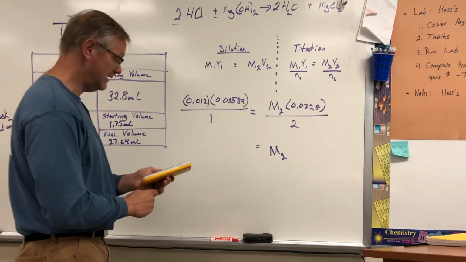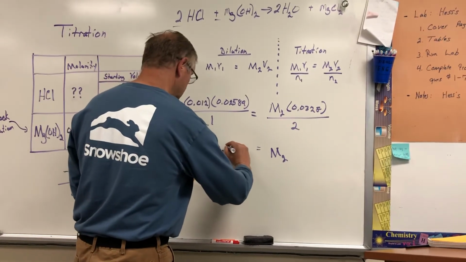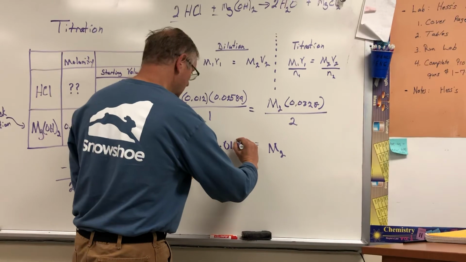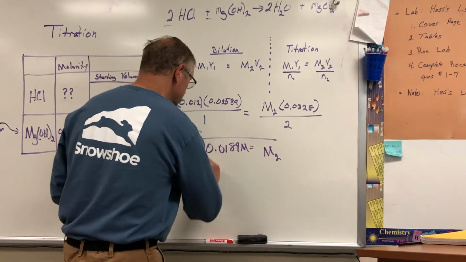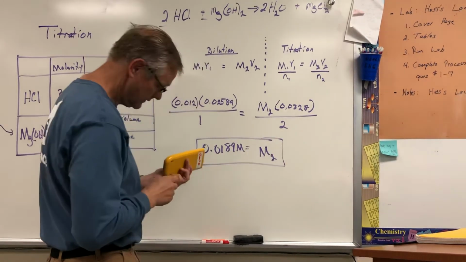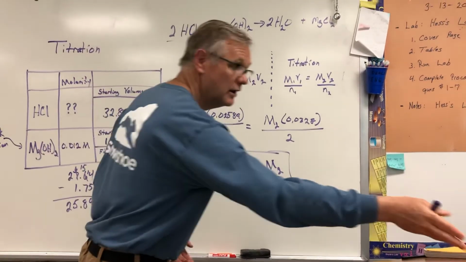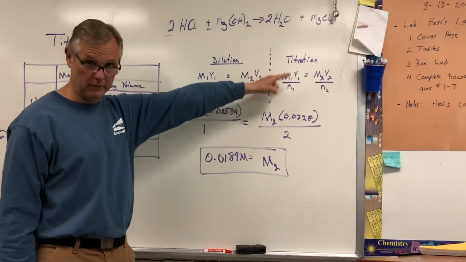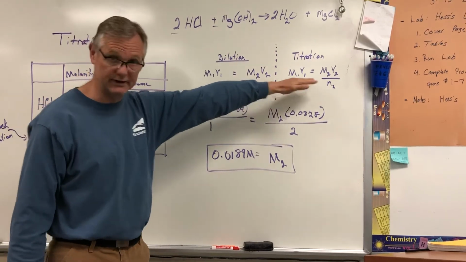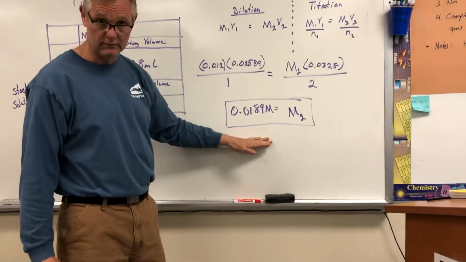So I get for my final molarity 0.0189 molar. So what I was able to do is very simply take the experimental data here, plug it into the formula for titration, taking into account the balanced equation up here to get the final molarity.